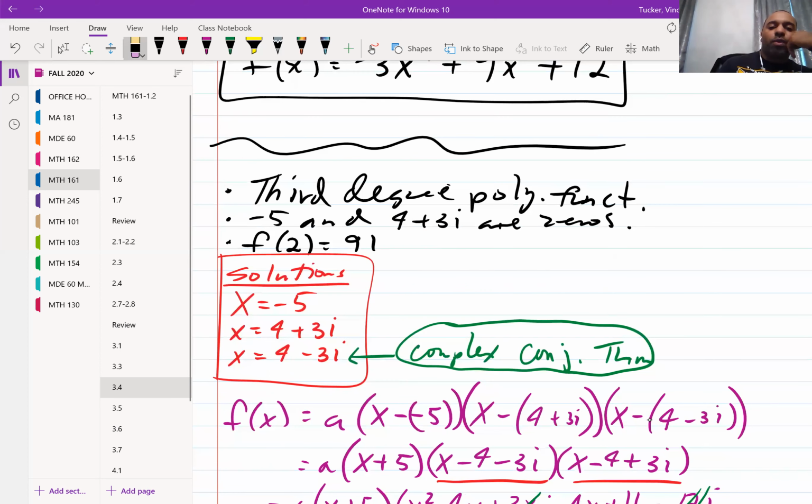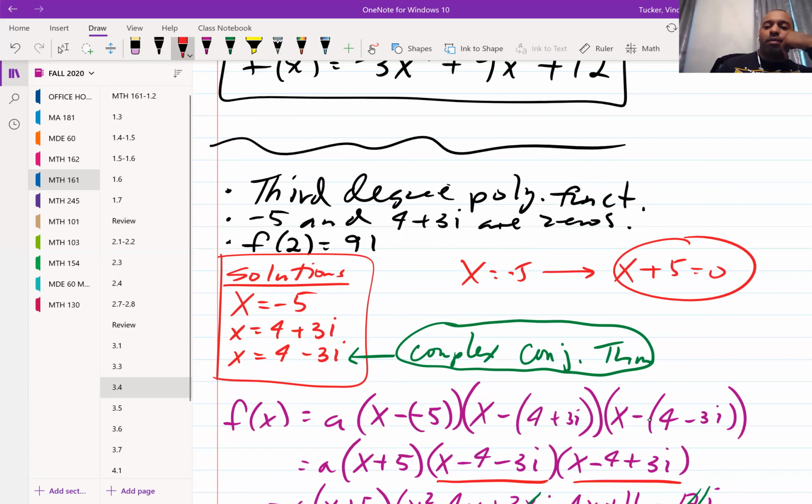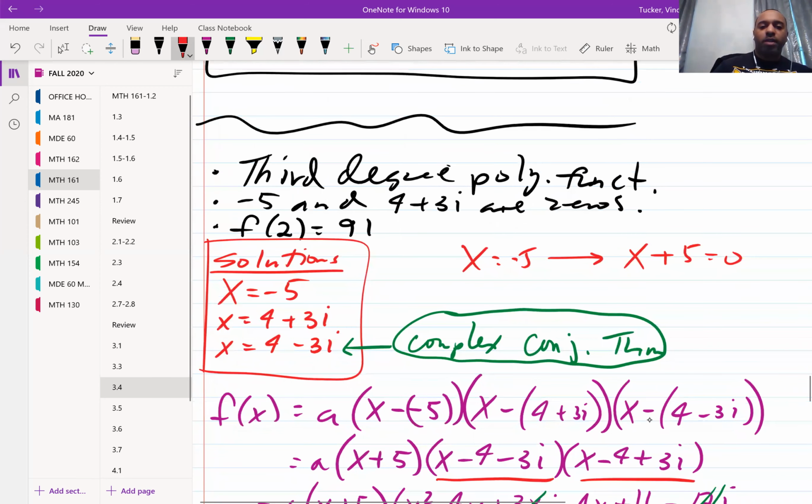Because remember, in order for us to have x equal to -5 as a solution, there had to be x plus 5 equal to 0. So when I subtract 5 from both sides, then I will get my solution. So we're going to do x minus -5, x minus 4 plus 3i, and x minus 4 minus 3i. So that's how you would set it up.